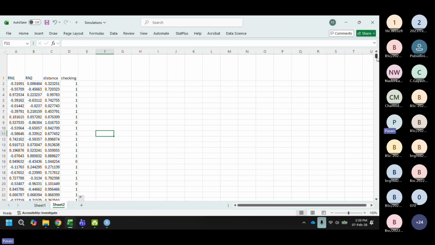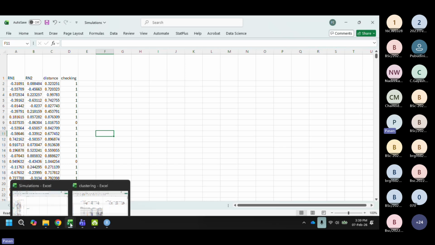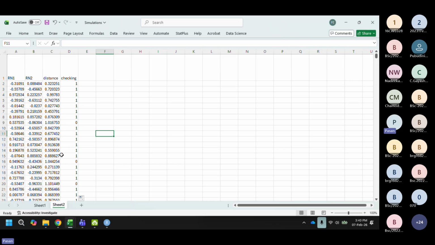So that's how I can get the count in terms of whether it is inside or not. So 0 means it is not inside. Then I can take the summation, right?